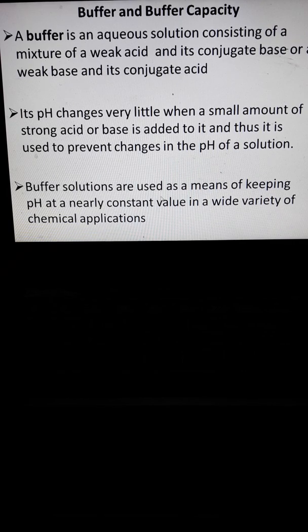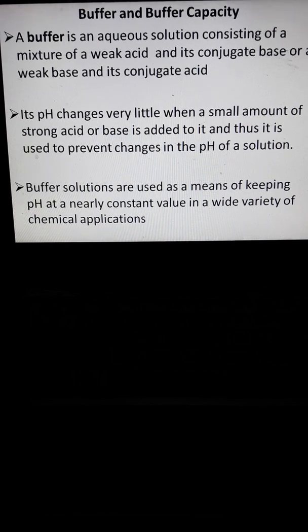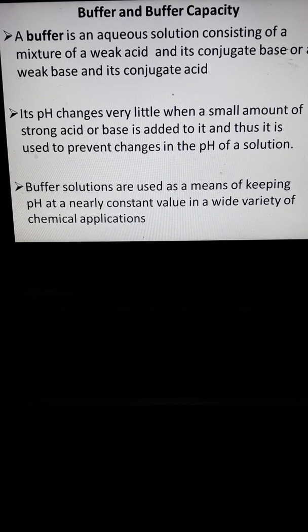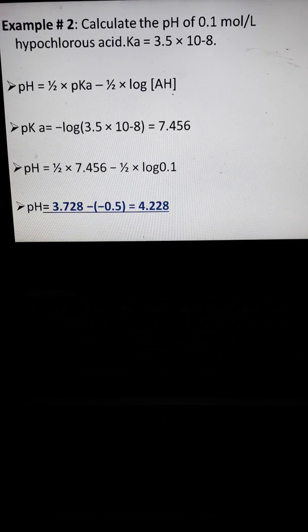Buffer solutions are used as a means of keeping pH at a nearly constant value in a wide variety of different chemical applications. So the buffer maintains the chemical composition and of course maintains the constant value of the specific solutions. That's why a buffer is added in certain solutions.